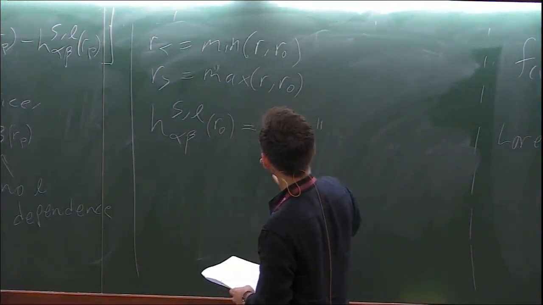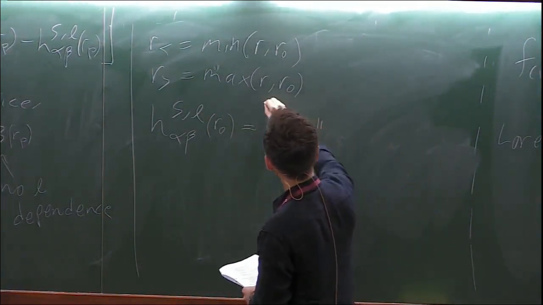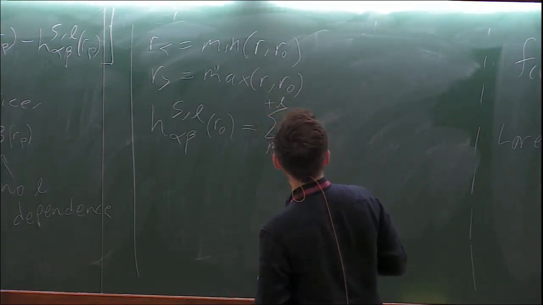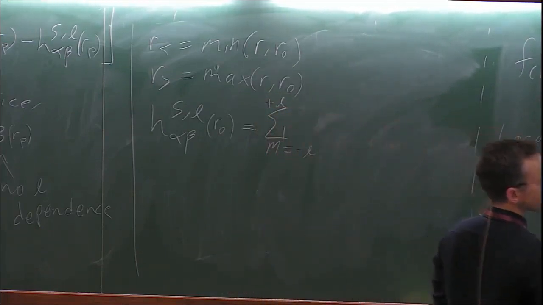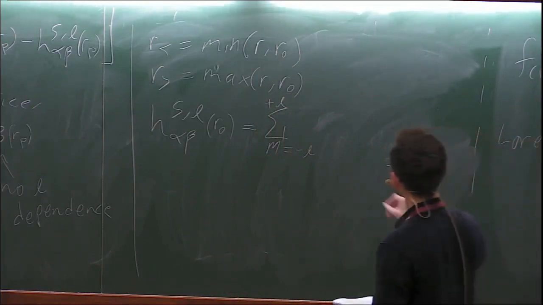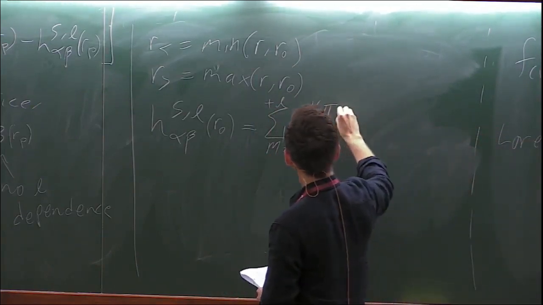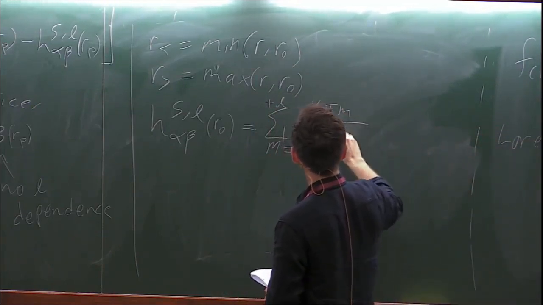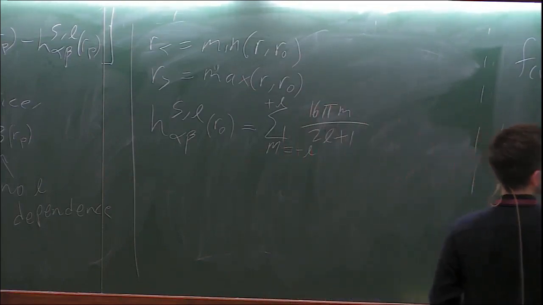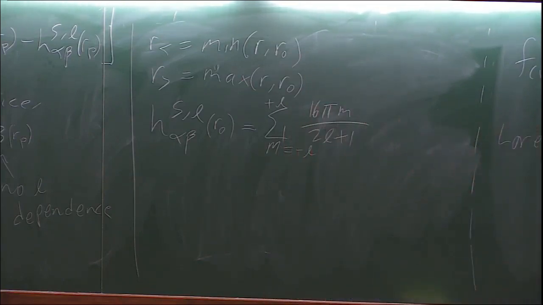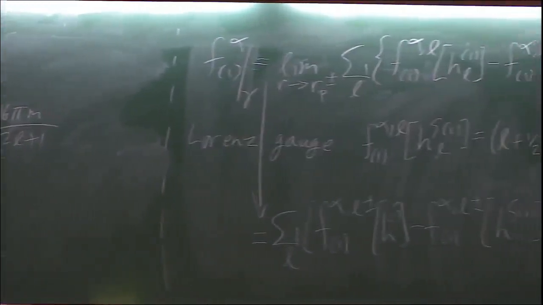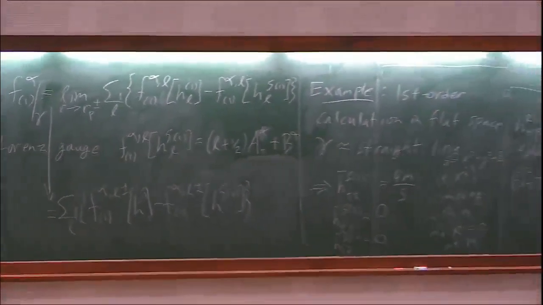So that was the sum over m from minus l to plus l, and here we've got 16 pi m over 2l plus 1. And now at r equals r naught, again, this factor just becomes 1 over r naught.